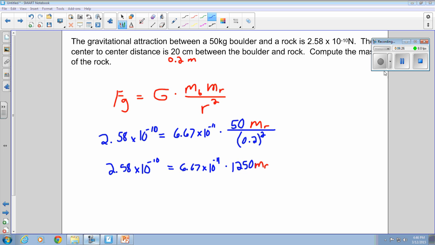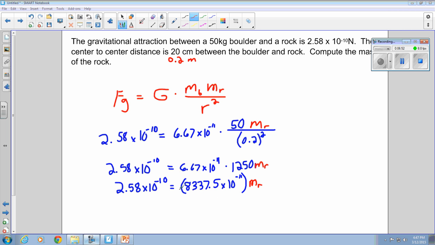Multiply these two numbers. When you multiply those two numbers, you get 8,337.5 times 10 to the negative 11th. Real easy way to multiply numbers: just multiply the front number and bring down the power of 10. And then once you get down to the end, you can put it in correct form.